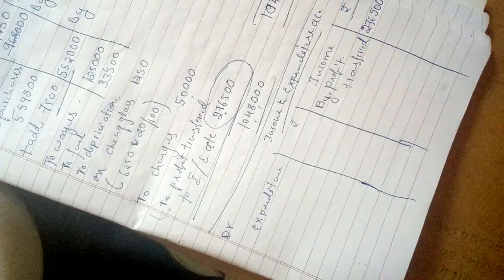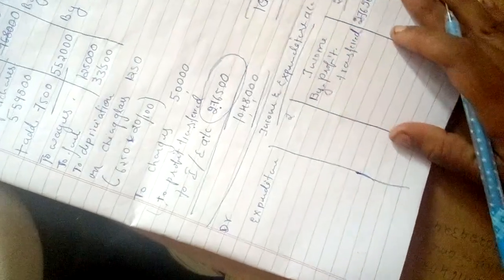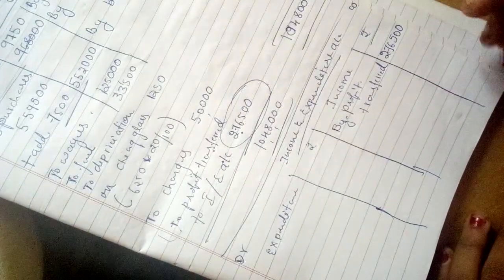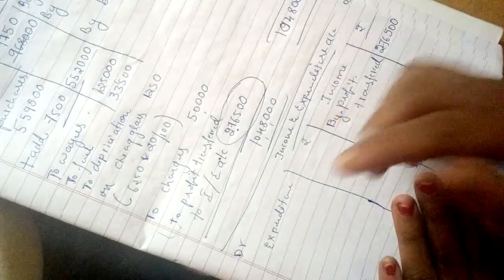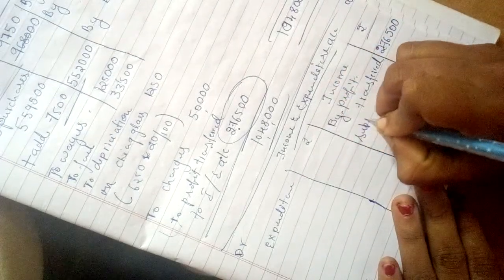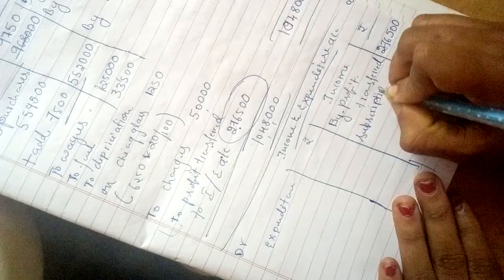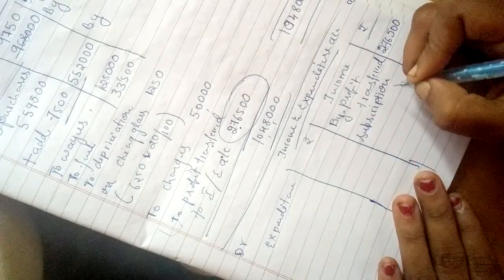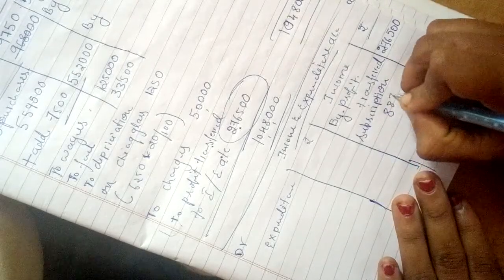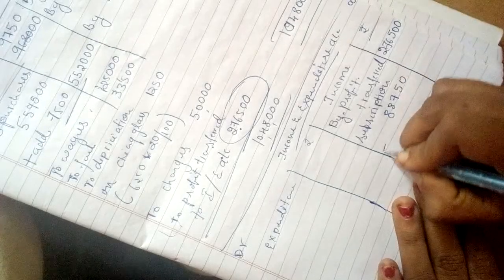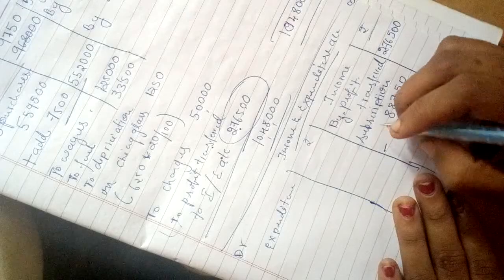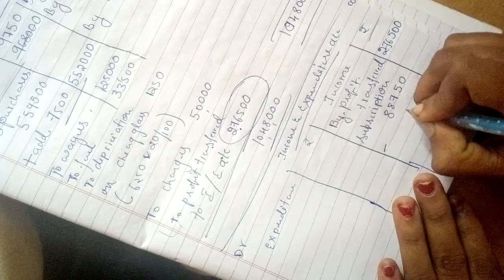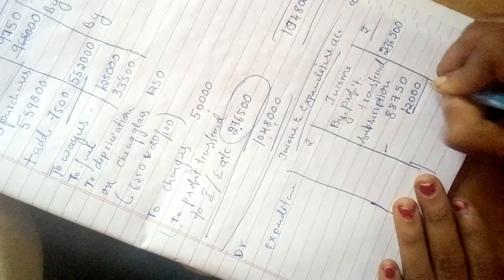Now we need to write all the income side items. So the first item on the income side is, yes, there is a subscription received. In subscription there are a lot of adjustments. So the subscription amount is 88,750. Okay, and there is a previous year amount. So subscription of past year we need to deduct. The value is 12,000.